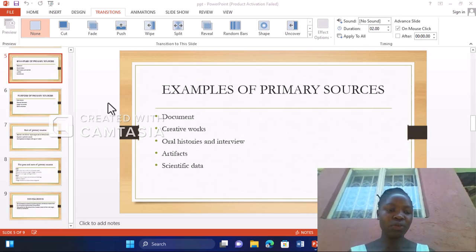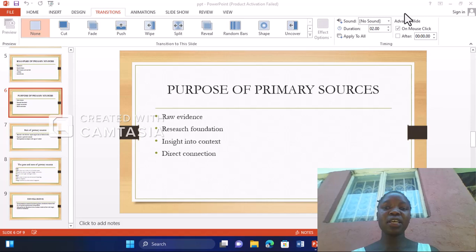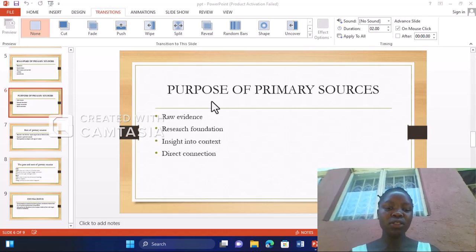So when we go to the purpose of the primary source, the purpose is to show raw evidence, research foundations, insight into contexts, and direct connection.